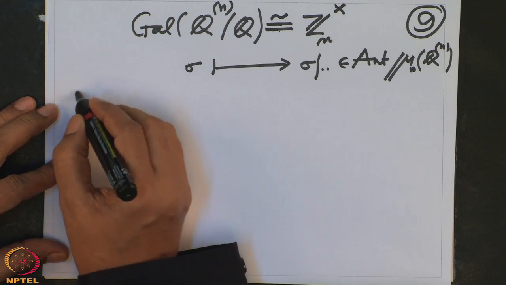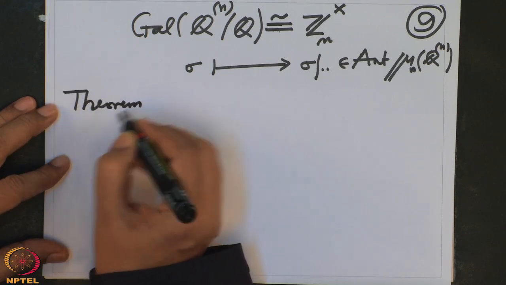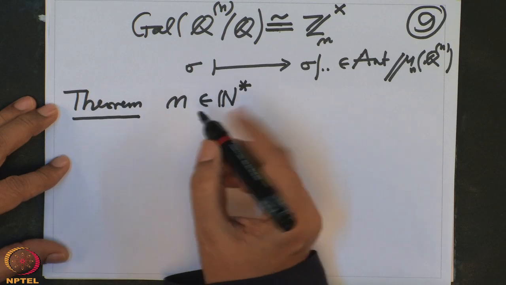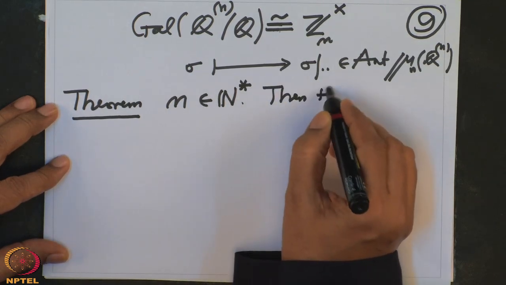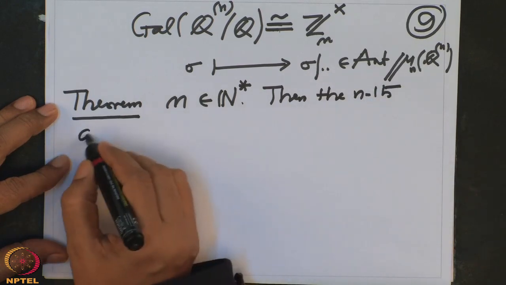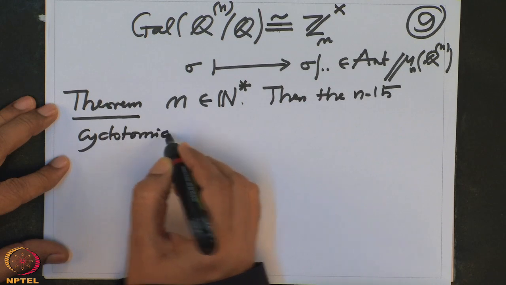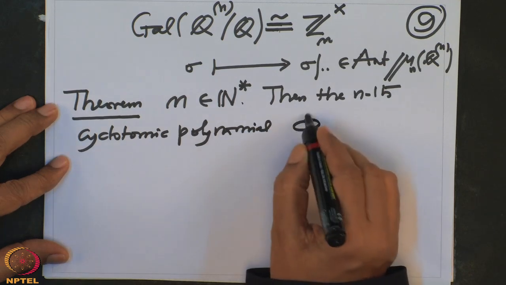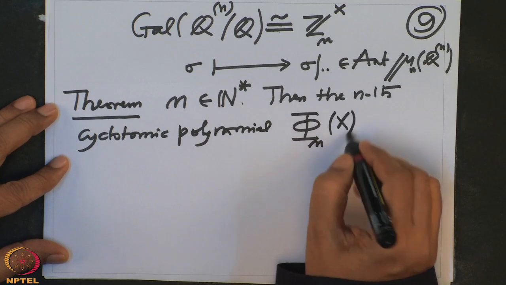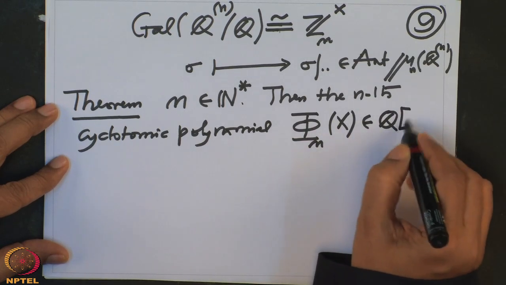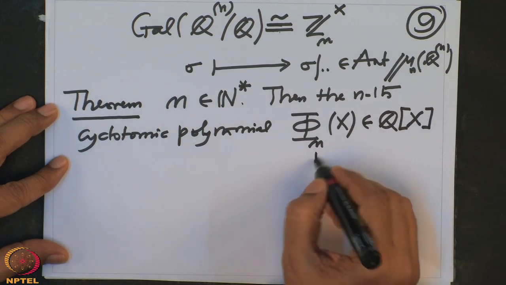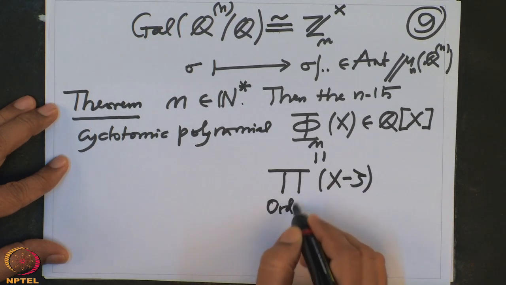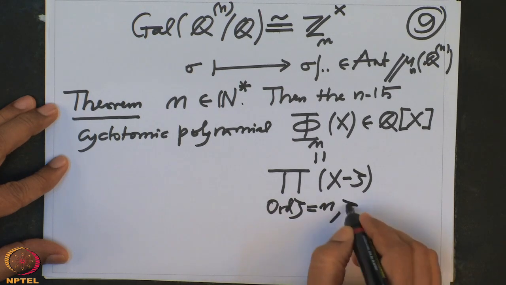So I will state it as a theorem. N is any non-zero natural number, then the nth cyclotomic polynomial phi n, which is a polynomial in Q[x], is defined by the product of x minus zeta, where the order of zeta is equal to n and zeta to the power n is equal to 1.